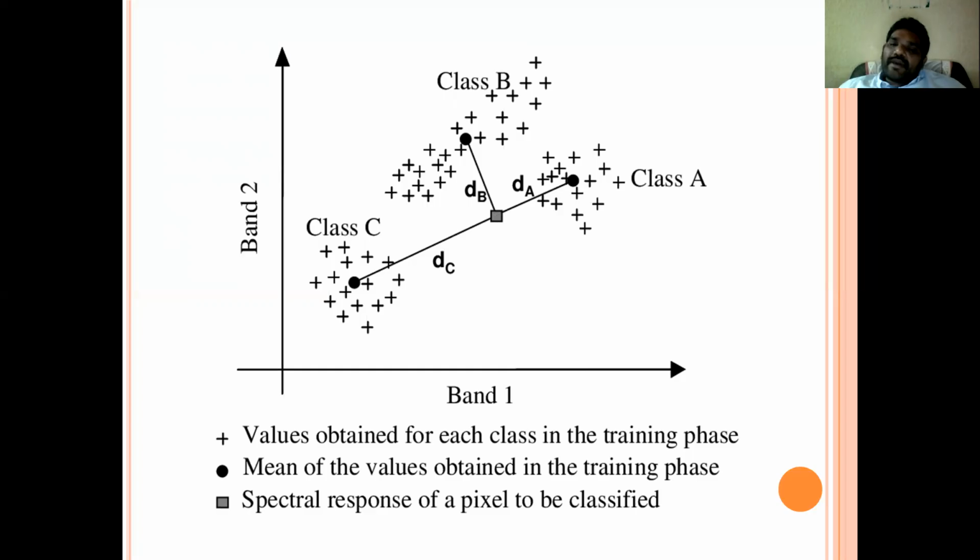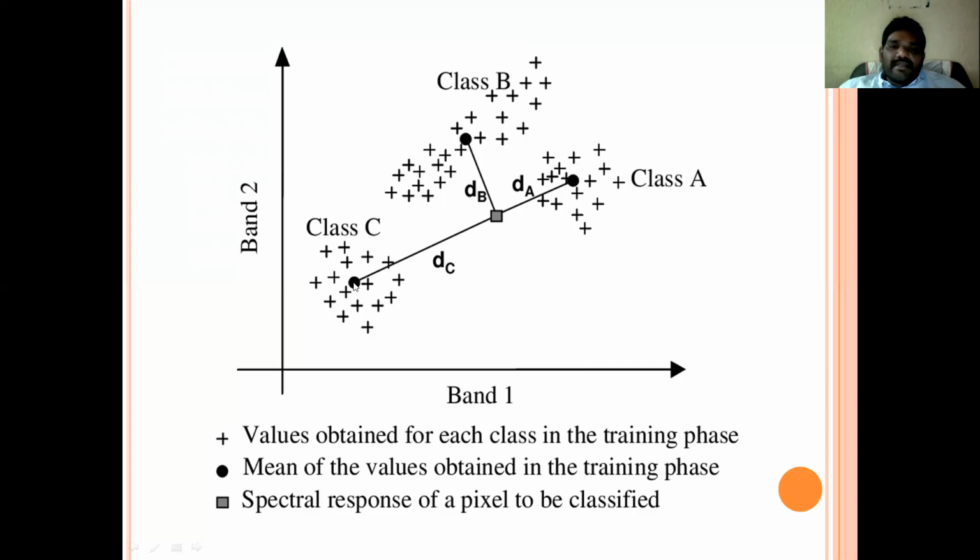At that particular point, how can you classify this particular digital number? From the cluster of class C, you take the mean of all the digital number values, and from that mean point you draw a line, that means you are measuring the distance from here to here.